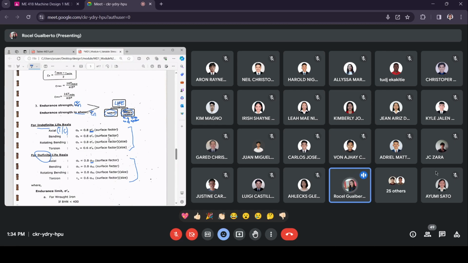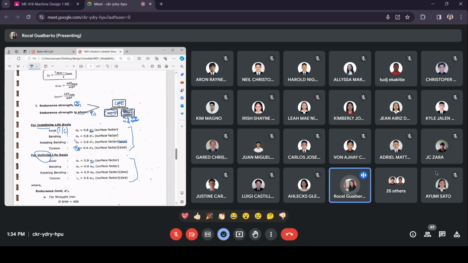For rotating bending, you have the addition of a size factor: 0.8 sigma prime n, surface factor, then the size factor. And for torsion, this is the only equation for tau n: 0.6 sigma prime n, surface factor times the size factor.